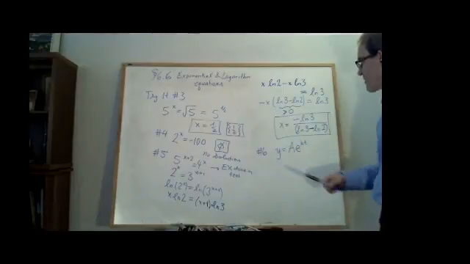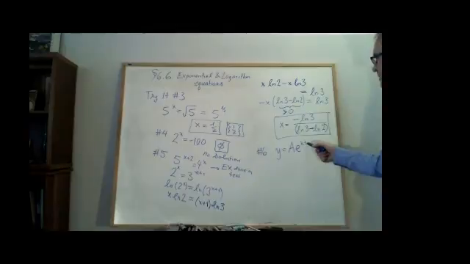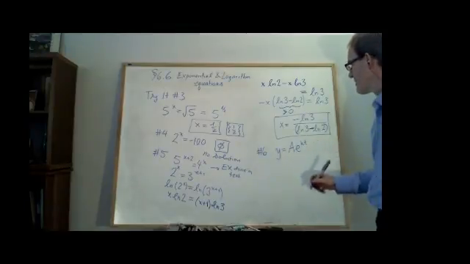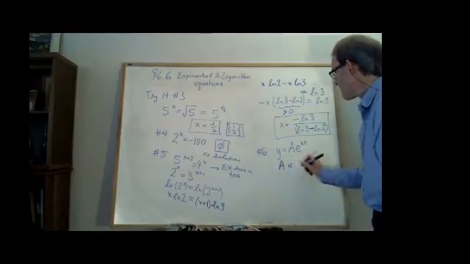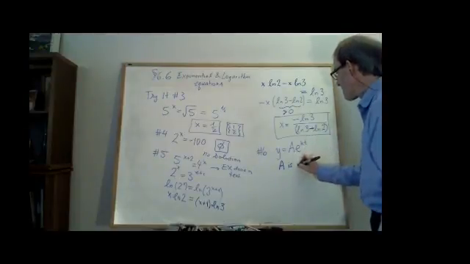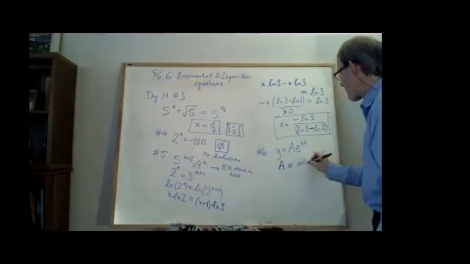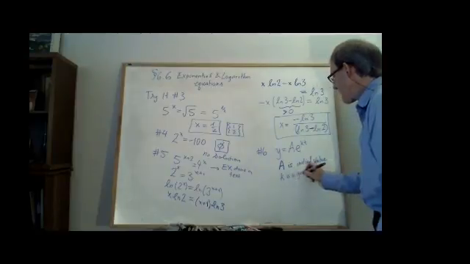Here, a is some constant factor in front. So it's like the initial value. If you plug in time t equals 0, then this will be just 1, and y will be a. So a is the initial value of some quantity which might grow or decay in time, and k is a growth or decay rate.